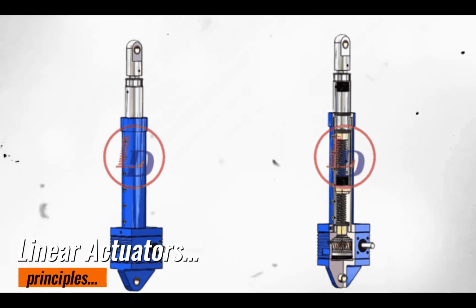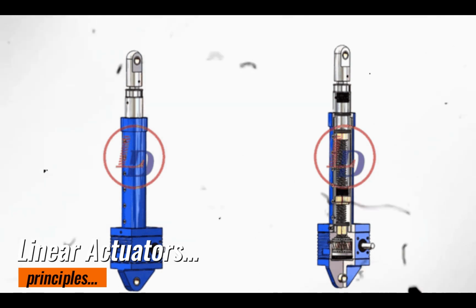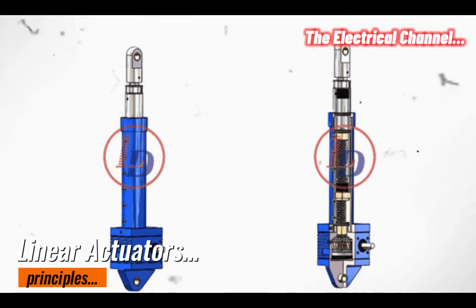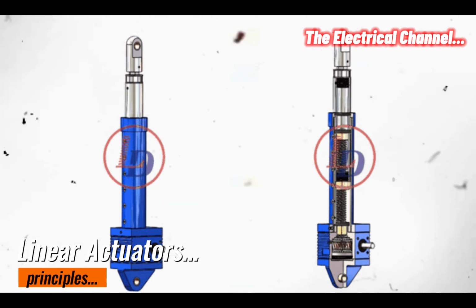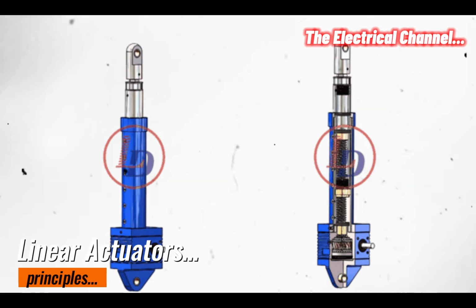In the 1800s, the first air compressor was invented. This became widely used in industry, and in the early 1900s, the air compressor was combined with a piston to create the first ever pneumatic actuator.